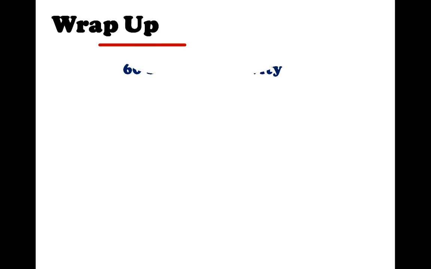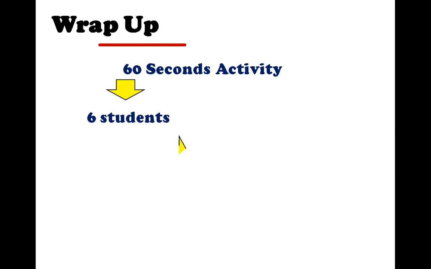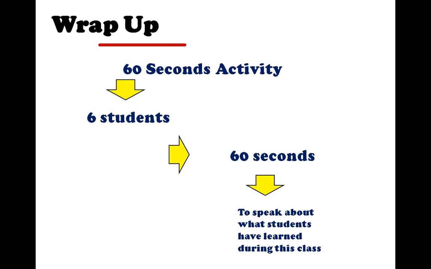Now we have the wrap up. The teacher will choose 6 students. Each student will have 60 seconds to speak about what he or she learned in this class. They should identify adjectives, summarize the video, and talk about the poem's message.